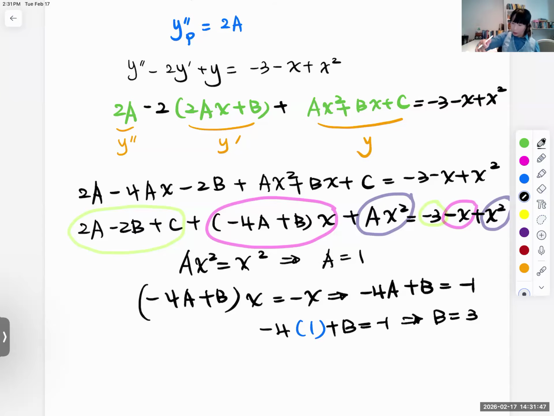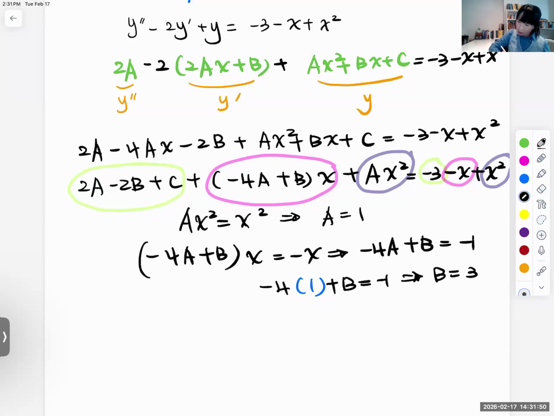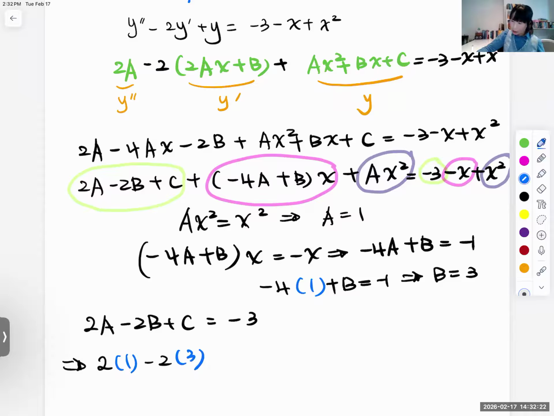Okay, the last one, so we have a constant term. So we have 2a minus 2b plus c equal to negative 3, right? Okay, so that will be 2a equal to 2, b equal to 3, and we need to solve for c, right?